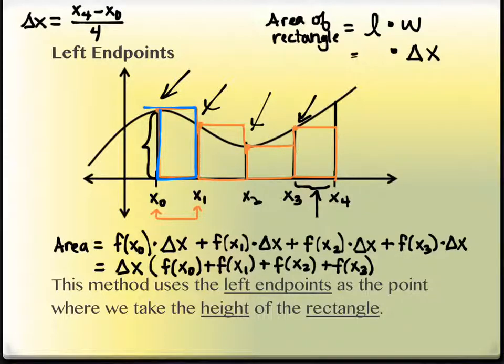There is one more notation that I want you to be aware of, not because we necessarily use it all that much, but if you see it, you should be aware of what it's doing and how it relates to what we just learned in the last section. When we repeatedly add something together a whole bunch of times, that's a summation. This is the summation of f of x sub i, and in ours, it's from i equals 0 to 3, because we started at a subscript of 0 and stopped at a subscript of 3.